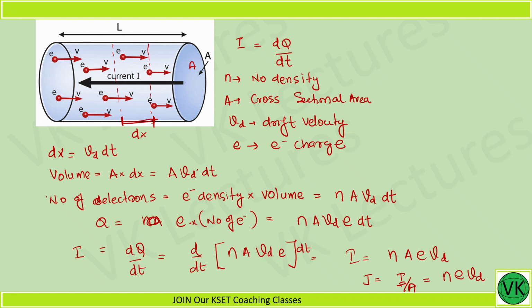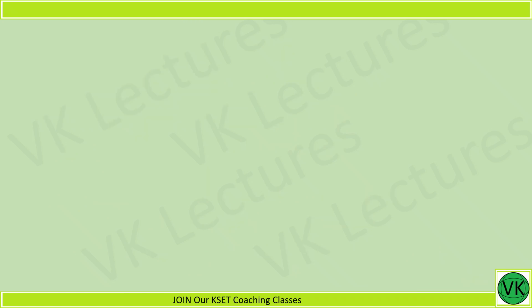Okay, so that is how we are getting n e vd. Current density J is equal to n e vd, where vd is the drift velocity.